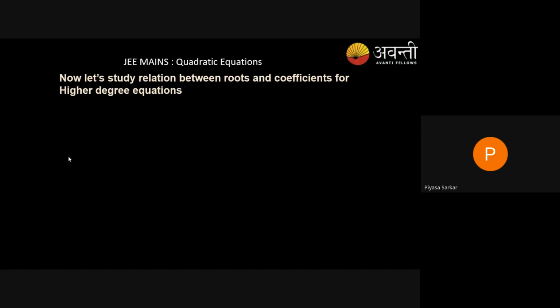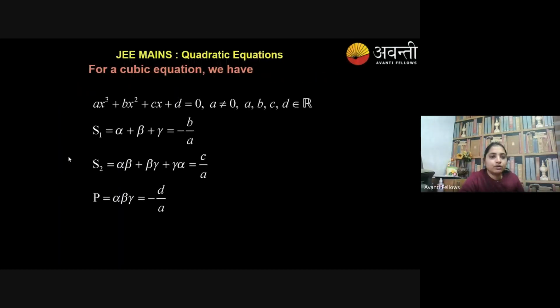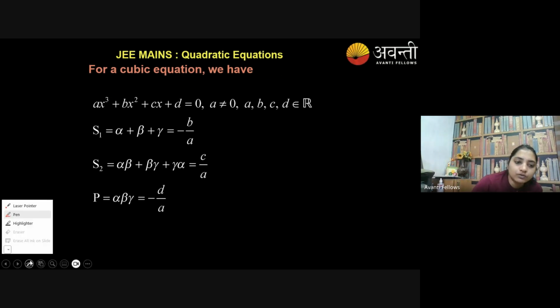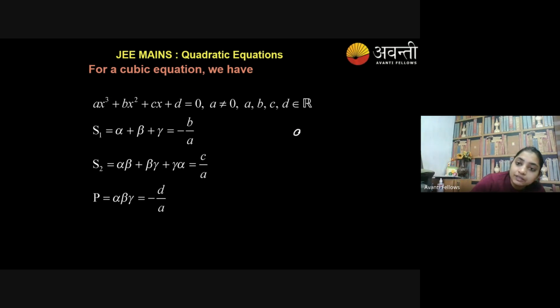Yes, ma'am. So let's have a look. If you are having higher degree, just look at the board. ax square plus bx plus c is equal to 0. You know its maximum degree is 2. So there it has two roots, alpha and beta. Alpha plus beta is exactly minus b upon a. Alpha into beta is c upon a, right?